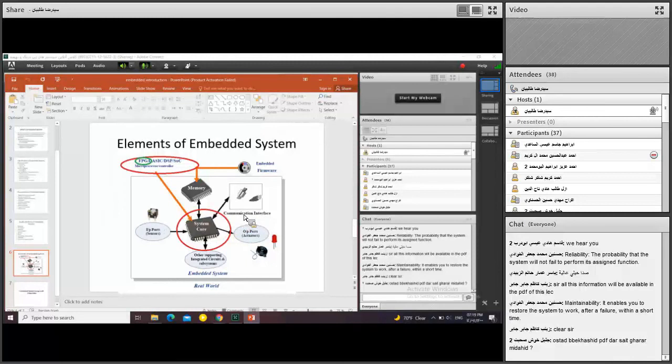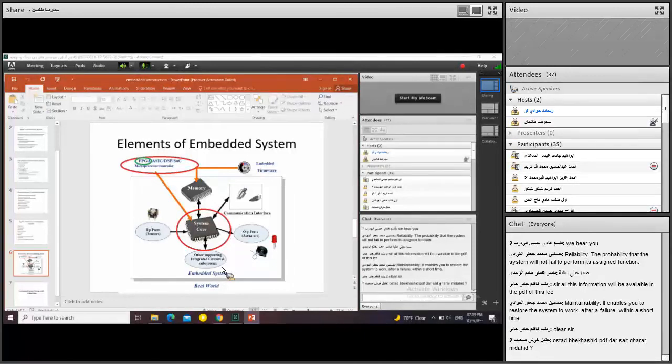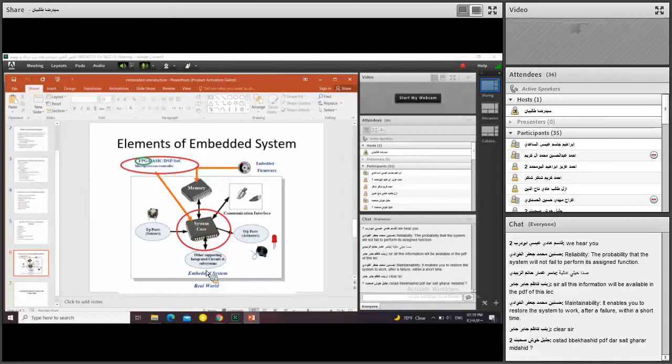And we have some communication interfaces, for example a USB port, maybe a serial port, an SPI port, and so on. A memory for saving information, and maybe a firmware, like software, for the system. Some other supporting integrated circuits, maybe special ADCs, maybe a special amplifier, and so on. And a core, a system core.